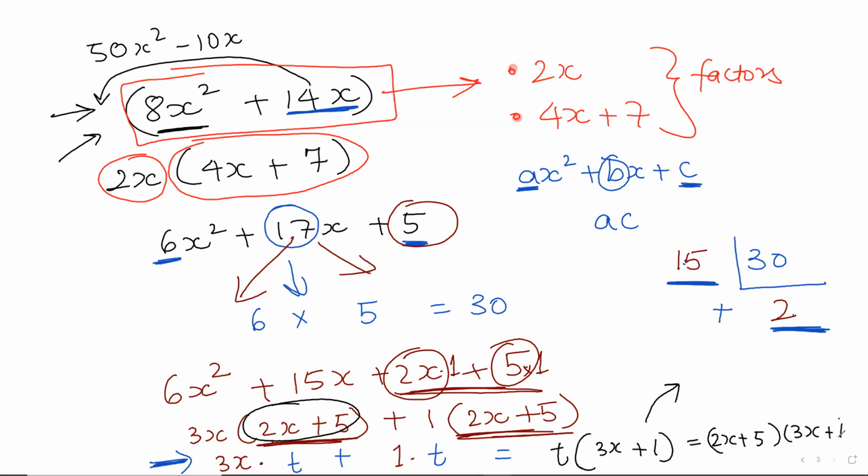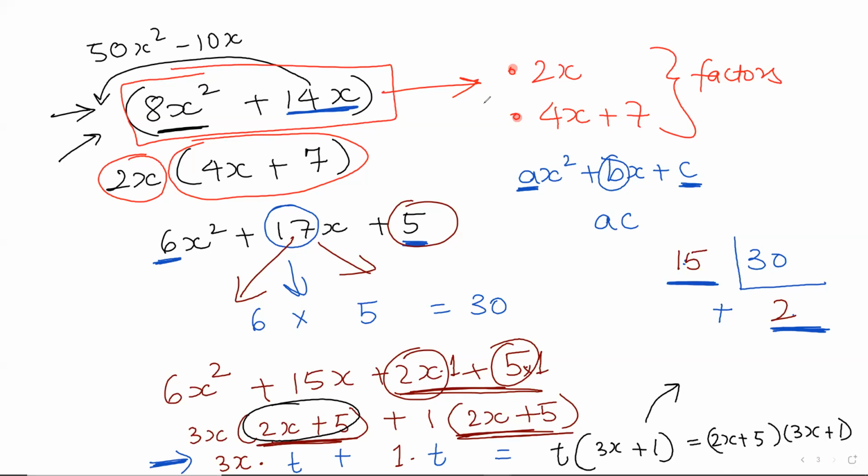Hamna, is this method clear to you? Yes, Mridula, you'd like to say something? Ma'am, if we rearrange these two terms, 3x plus 1 will come first and 2x plus 5 will come in its place. So the answer will remain the same, na? Yeah.